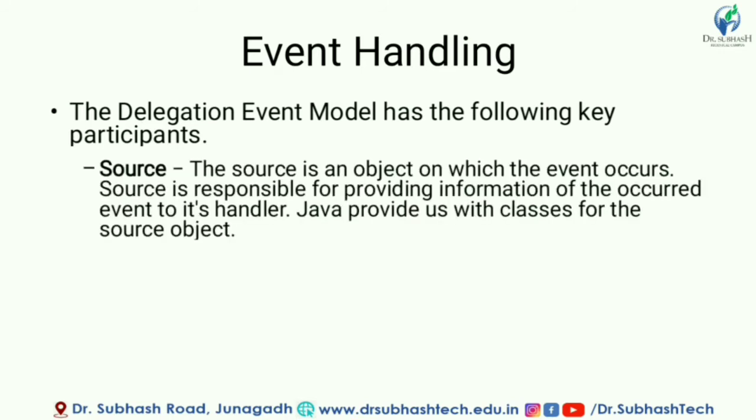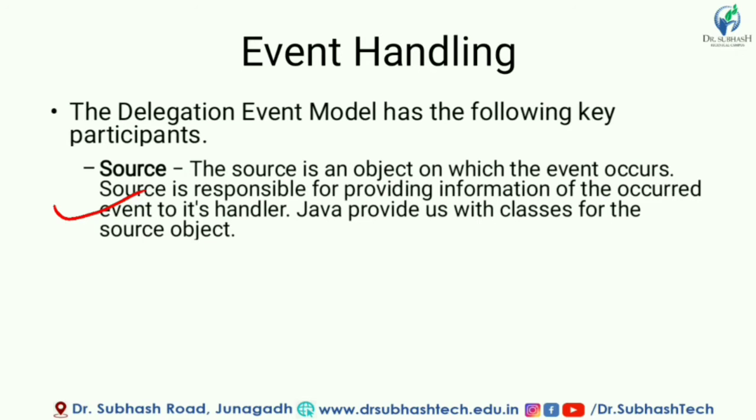First is the source. The source is an object on which the event occurs. For example, when I click on the button, it is known as the source because the event occurred from it. The source is responsible for providing information about the occurred event to its handler.